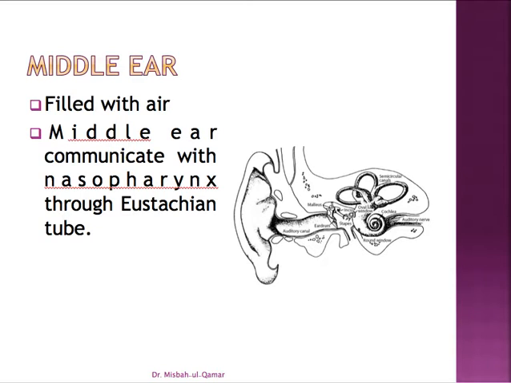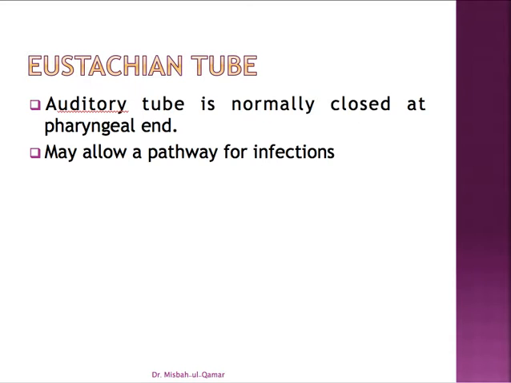This eustachian tube is also called the auditory tube. Normally it is kept closed at its pharyngeal end, and it opens only during swallowing and yawning, or voluntarily through the Valsalva maneuver.